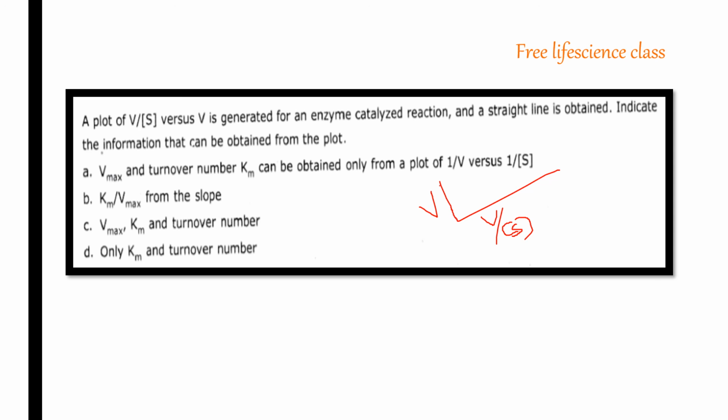They ask what information can be obtained from this plot. Definitely you can get Vmax and Km from this plot. If you know Vmax and Km, you can also find out the turnover number. So the answer for this question is option C.